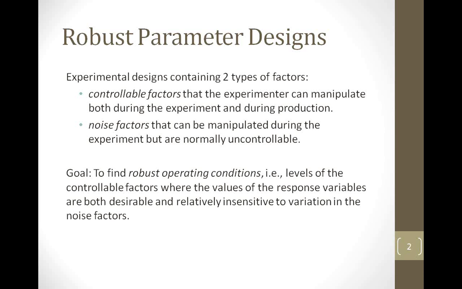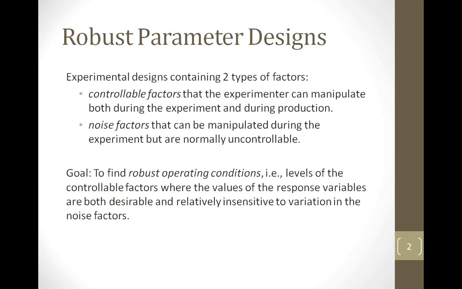In robust parameter design, however, there is also a second type of factor, called noise factors, that are normally not controllable. Things like the relative humidity, or certain fluctuations in, for example, line speeds that may not be completely controllable.